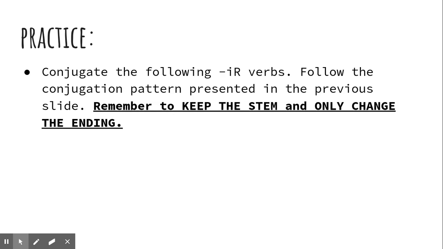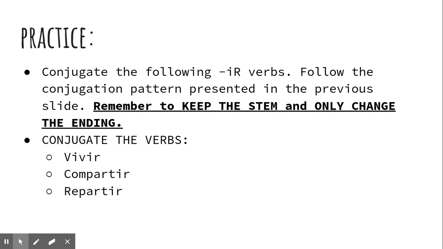Just like in the previous verbs, remember to keep the stem and only change the endings. Please follow the endings that I provided in the last slide. Remember, ER and IR verbs are pretty much the same, except the nosotros form. So, these are the verbs I want you to conjugate: vivir, compartir, and repartir.